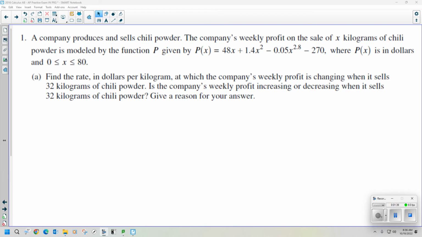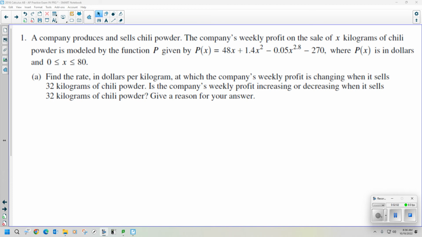Weird how they wrote that, but we'll take it, where P of X is in dollars and X is in the interval inclusive from 0 to 80. Let's find the rate in dollars per kilogram at which the company's weekly profit is changing when it sells 32 kilograms of powder.